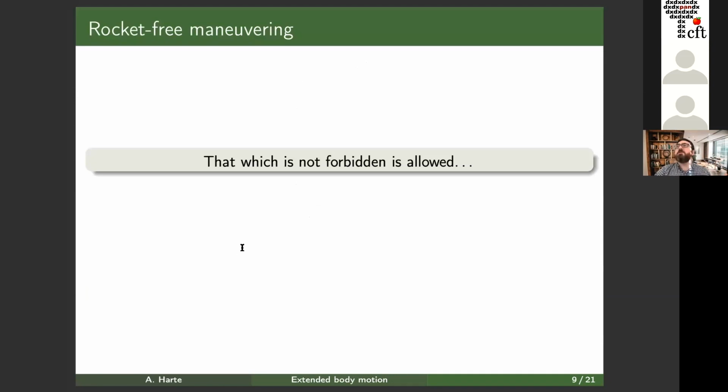I want to introduce this by starting not with saying you can do this, but rather saying what you cannot do using these effects. And then, as is often the case in physics, you can do pretty much anything which is not forbidden.